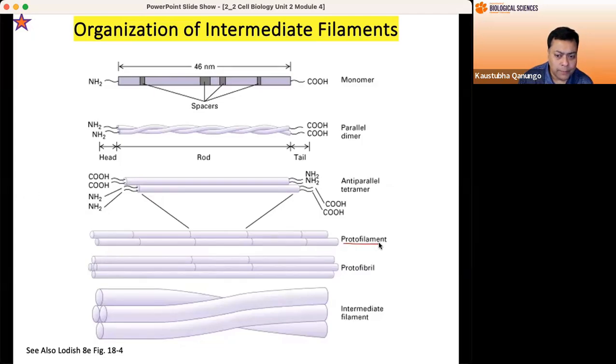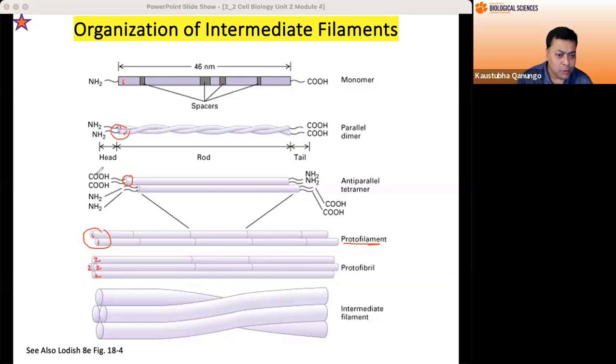If you just look at the protofilament right here, this is 1 and 2. So this will be considered as 1 here. So you will have two of the protofilament here, two here, two of them here, two of them here. So you have 1, and then you have 1 plus 1 together. So 1, then 1, 2, then 1, 2, 3, 4.